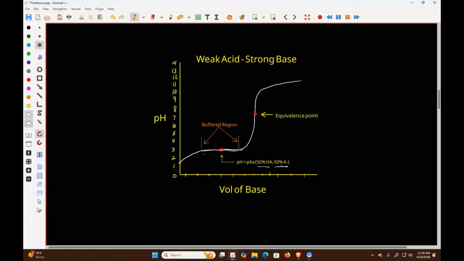So this demonstrates the Henderson-Hasselbalch behavior. And this is very significant because the pH changes very little in this region. So this is called the buffer region.